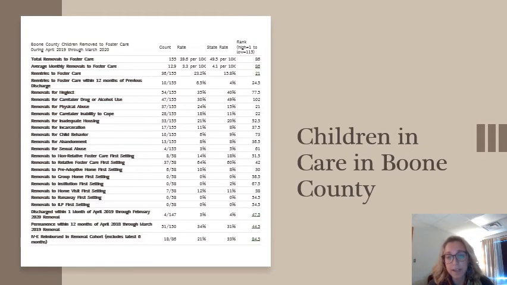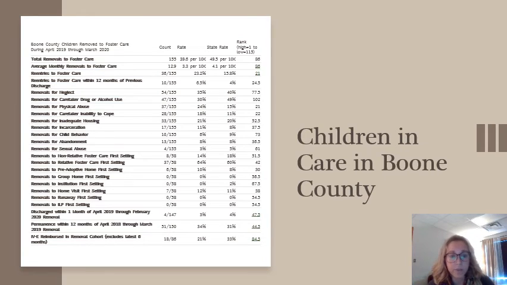That is 129 children that are getting put into foster care. That is a systemically induced trauma. This is really a high number. And then you have re-entries to foster care, which is a tremendous amount too. And you can also see our state rate on that as well, which is fairly high.